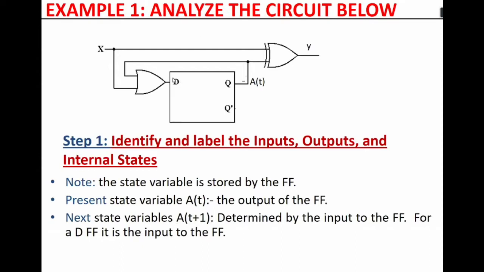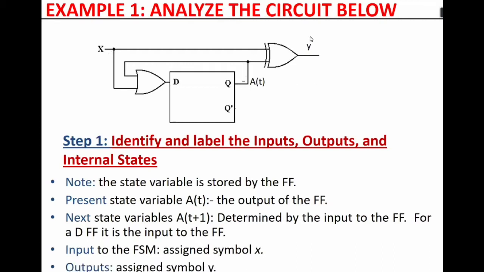The next one will be determined by what will be at this point D. So the input is X and the output is Y. So we have labeled inputs, outputs, and internal states. Input is easy, output is easy. Just know that the state variable is the output of the flip-flop. That is where the memory is.